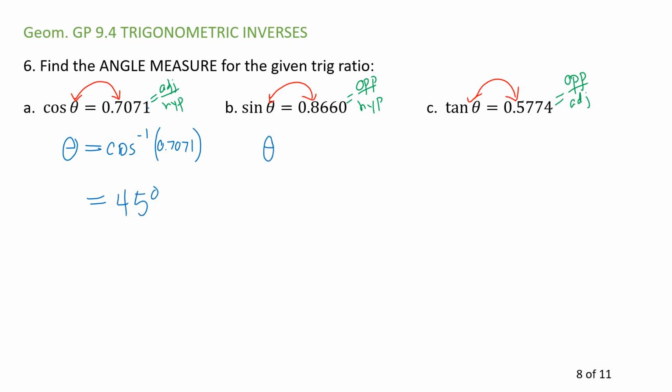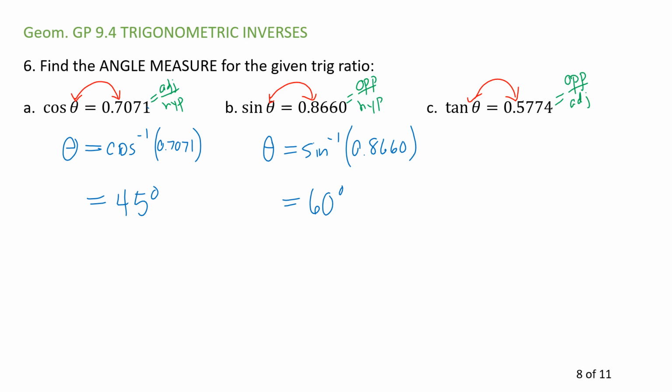How about this one? Inverse sine of opposite over hypotenuse. But I know that opposite over hypotenuse has already been done in the calculator to give me a 4-digit number. So, inverse sine of the ratio. And this is a 60-degree angle.